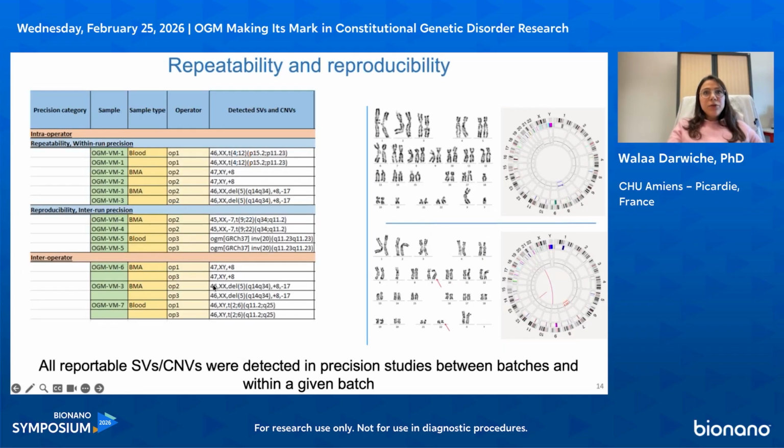So after the method comparison, we performed a reproducibility study using bone marrow and blood samples with known abnormalities, including translocations, trisomies, or monosomies. Analyses were performed in duplicate, intra-run, inter-run, and by different operators. All reportable copy number variations and structural variations were detected in the precision study between runs.